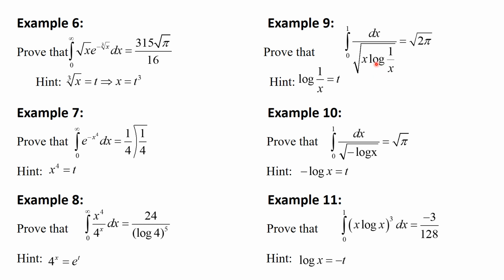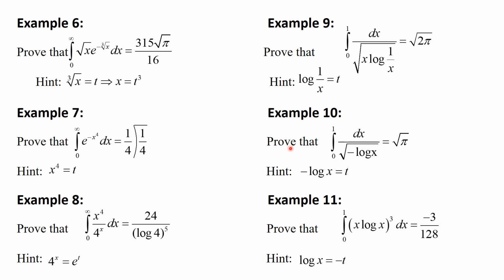So to get the result in the form of log of 1 upon x, we use log of 1 upon x is equal to t. Simplify the result, and the reciprocal function turns to the form e raised to minus t with some constant term multiplying. So we use the generalized result e raised to minus kx x raised to n minus 1.